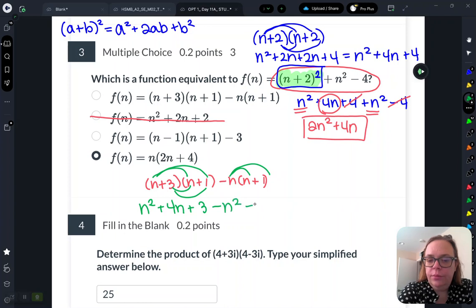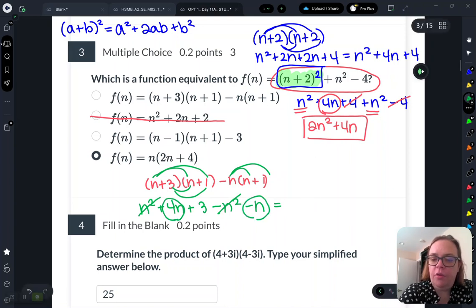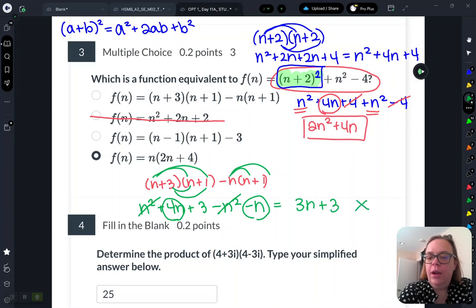Okay, and then combine like terms. The n squareds are going to cancel, and we get 4n minus 1n is 3n plus 3. That didn't work. That's not going to give us the same thing, so this is not an answer.